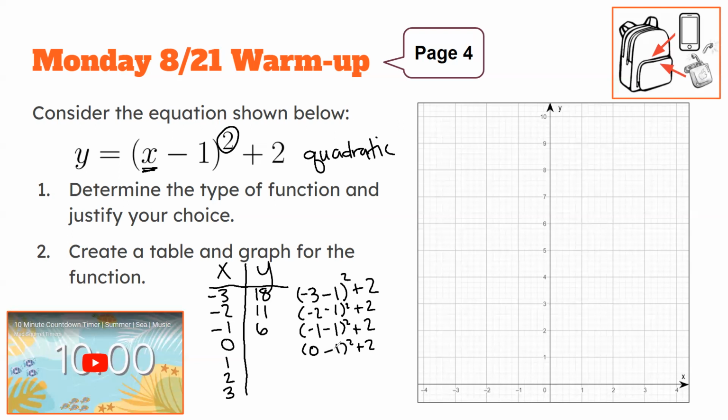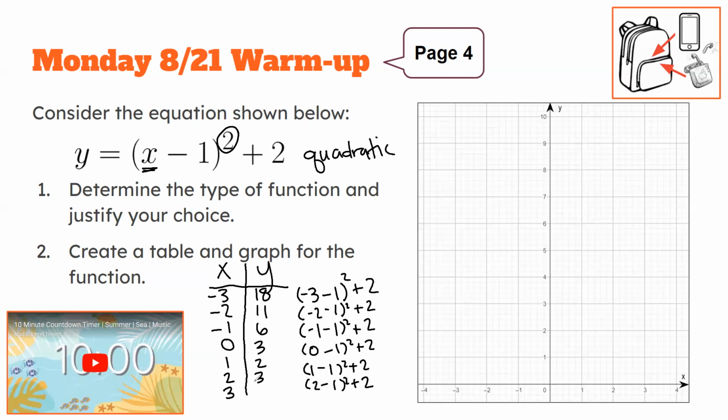And -1 squared is 1. 1 plus 2 is 3. Zero squared plus 2 is 2. And I can start to see that I'm turning around because 2 minus 1 is 1. 1 squared is 1. 1 plus 2 is 3.